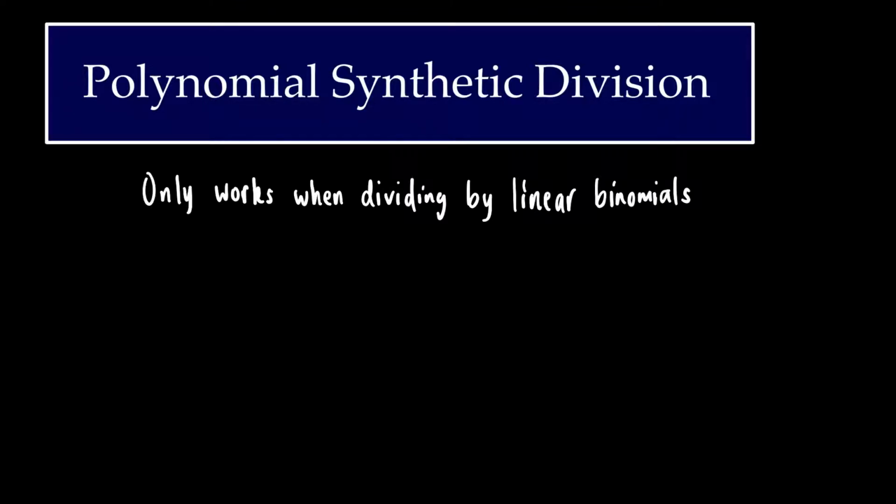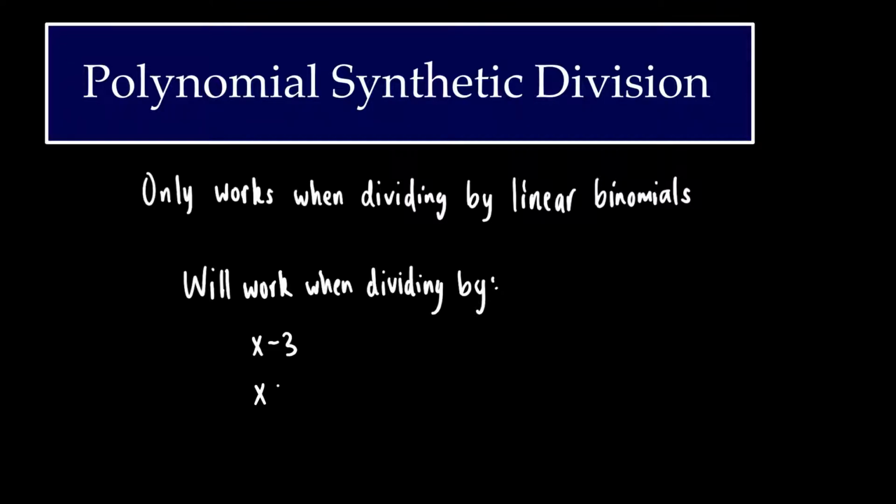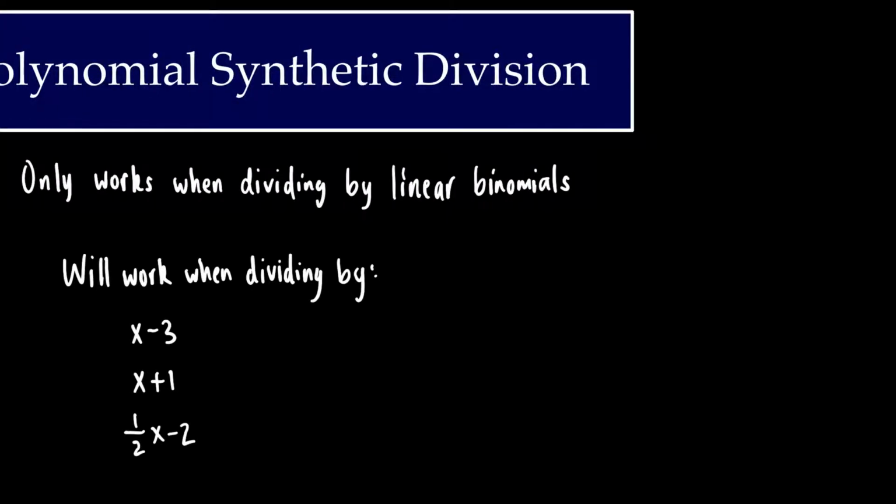But all we're saying is, this will work when dividing by things like x minus 3. This is called a linear binomial. So we've got just an x term to the first power, and then we've got a constant going with it. It'll work for x plus 1. It would technically work for half x minus 2, although it would be a little complicated, but it would work for that.